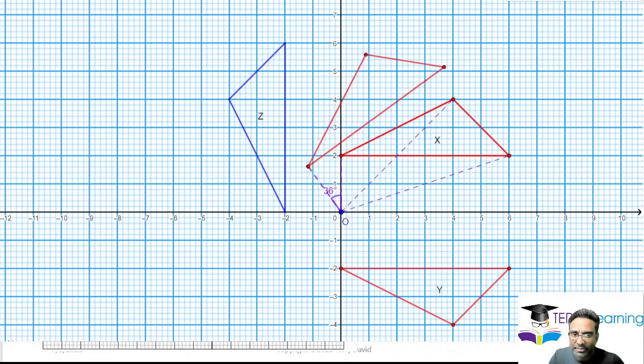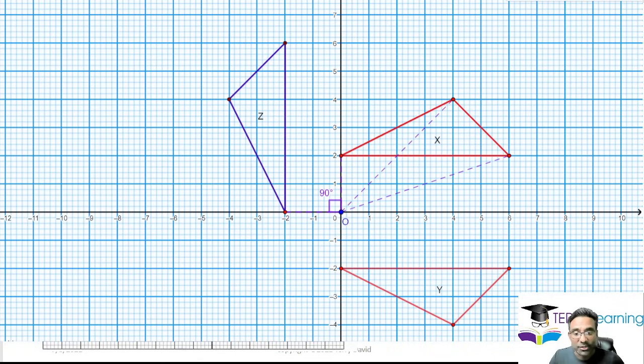Let's see if it lines up exactly with triangle Z. As you keep moving, bam. You realize triangle X lines up exactly with Z. And notice what happened there. We rotated our triangle 90 degrees in an anti-clockwise direction.